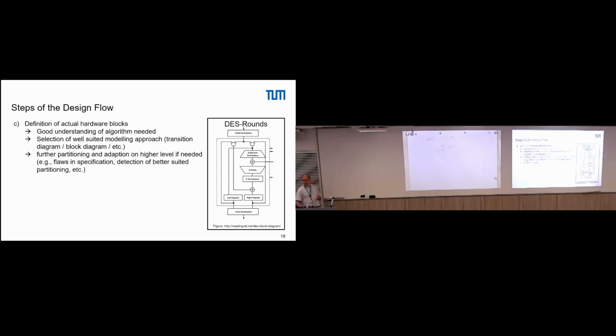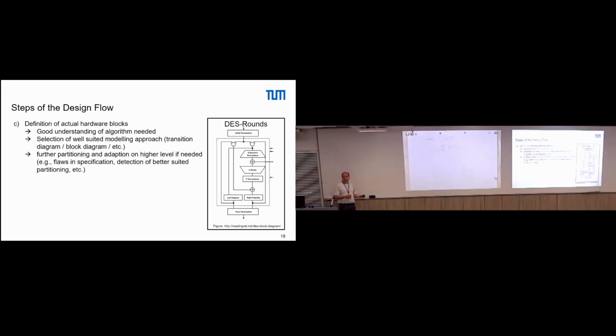Why? Because when you describe your block level design, usually it's done with some RTL description, so register transfer level description, you should always be aware that what you write is hardware.